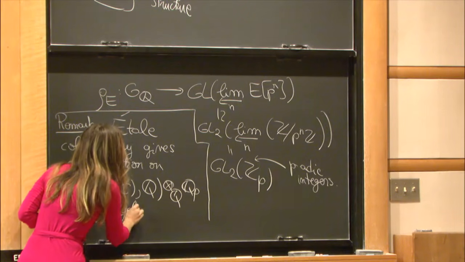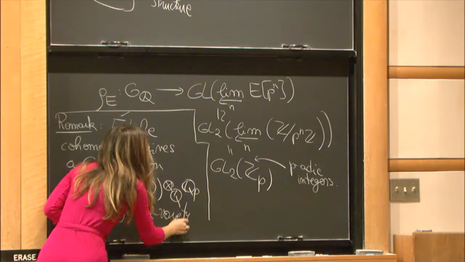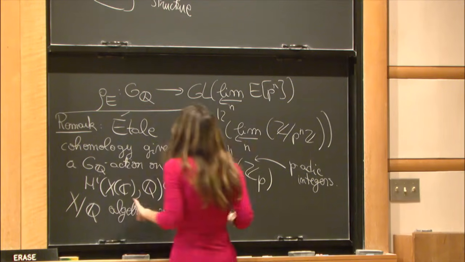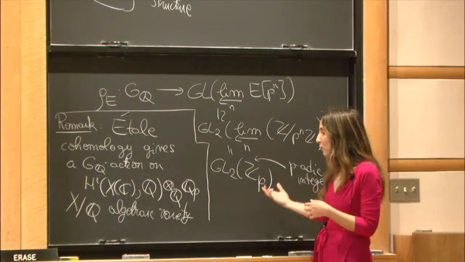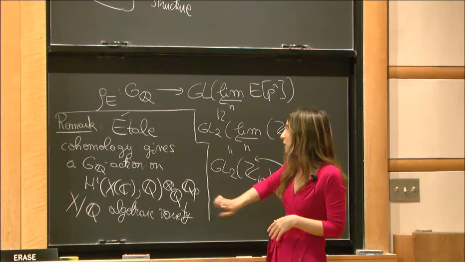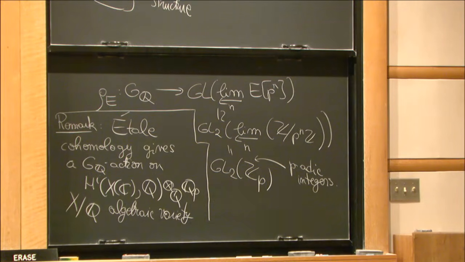So it's given by the solution to some finite number of polynomial equations, for example. Whenever you have something like this and you take Betti cohomology and extend your coefficients to Q_p, you have a way of getting Galois representations.